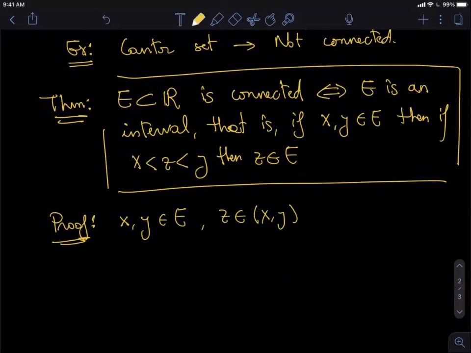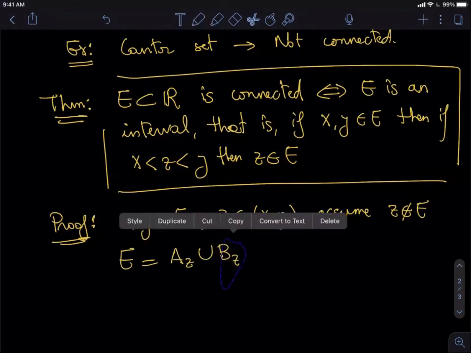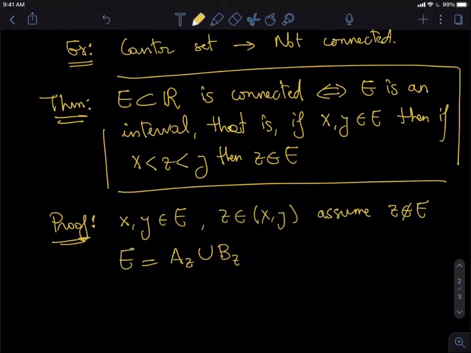Let's assume that z does not belong to E. If we do this, we can write E as A_z union B_z. A_z is E intersected with (negative infinity, z), and B_z is E intersected with (z, infinity).